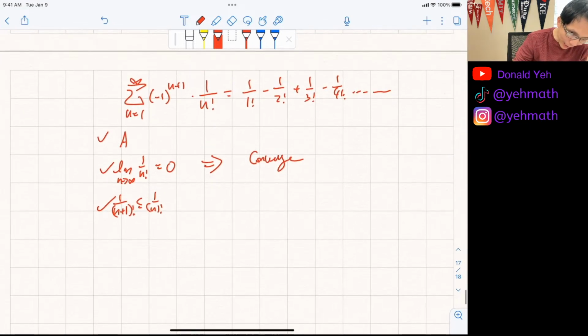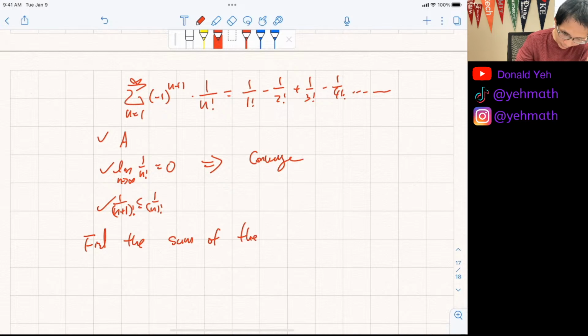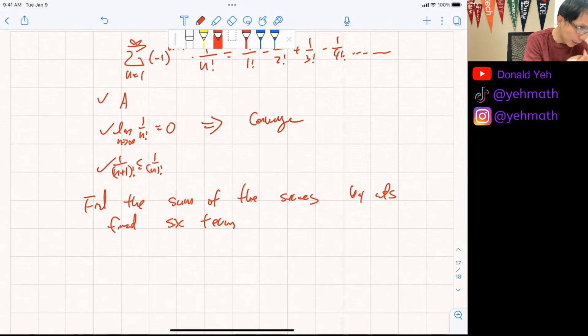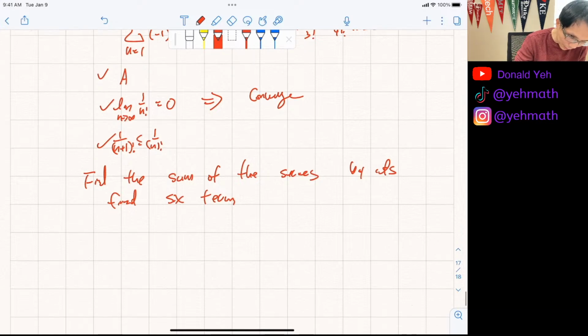And then we say, hey, can you find the sum of the series by its first 6 terms? Does it always have to be 6? No, just in this case it's 6, but in your calculator it can be easy to do. So you should know how to use your calculator.